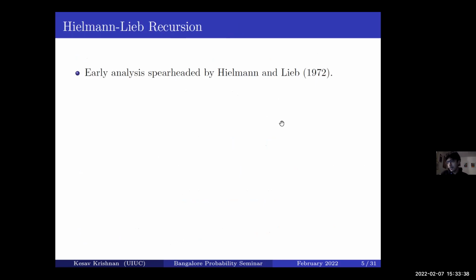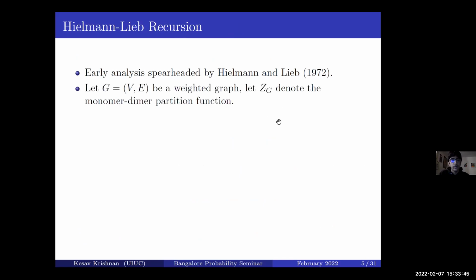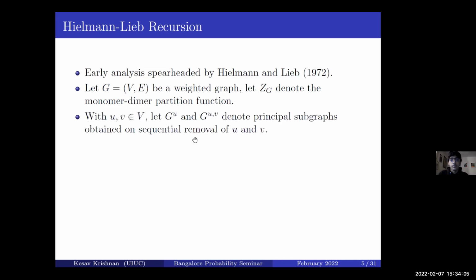The mathematical analysis of this model was spearheaded by Heilmann and Lieb in the 70s. The way they approached this problem was to write down a recurrence relation for the partition function. Suppose you have a graph with weighted edges and vertices, and let Z_G denote the Monomer-Dimer partition function. You iteratively remove vertices from the graph.